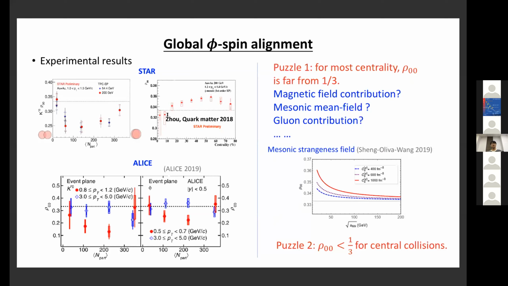Although we know that in central collision, the average vorticity or other fields like the magnetic field should be 0, the vector meson is still polarized. Okay, then how to understand this vector meson polarization or spin alignment in central collision?